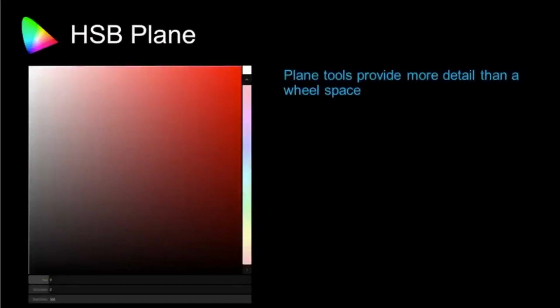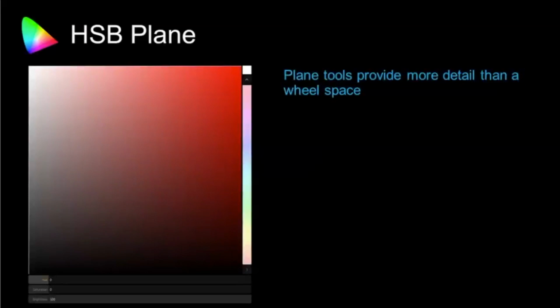I'm going to take you quickly through the color space planes. There's a series of planes that are useful spaces if this is how you want to work. This is the hue, saturation, brightness plane. So it's similar to the wheel in what it displays, but it provides a little bit more space and accuracy to work in, in that it's expanded larger than the wheel.